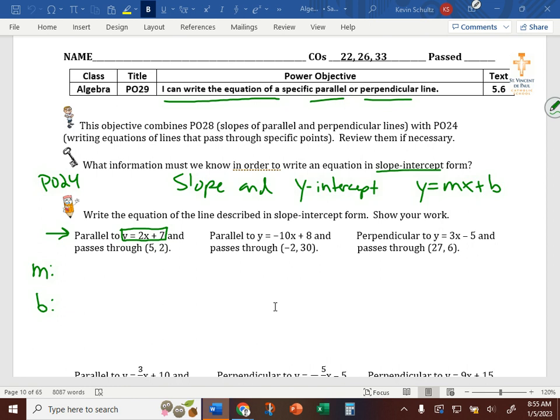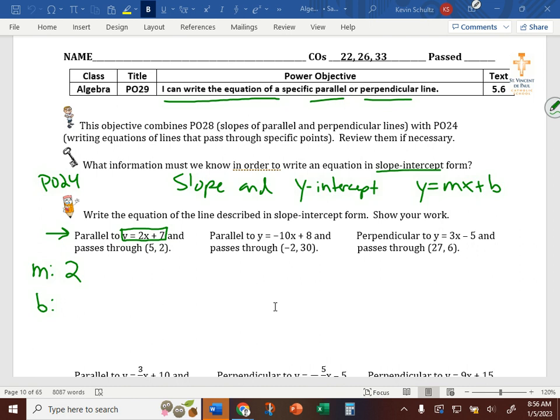That's what parallel means. Parallel means same slope. So if the given line has a slope of 2, and your line's parallel to that, your line will also have a slope of 2. Okay? So understanding PO28 is going to be imperative to PO29 because you need to know, if I tell you something's parallel to a given line, what does that mean? Okay? And then passes through (5, 2).